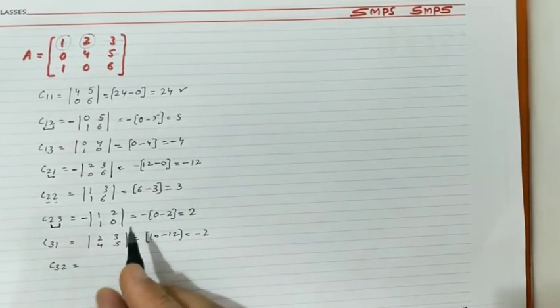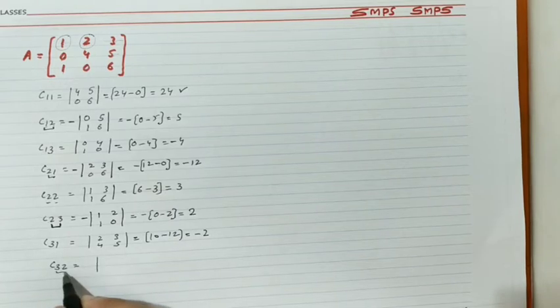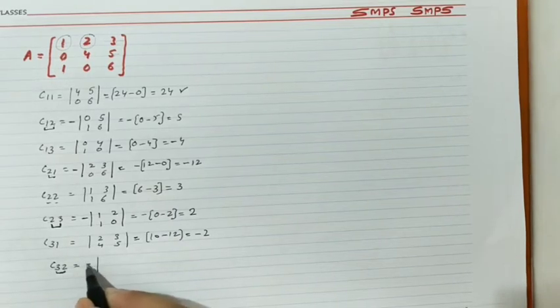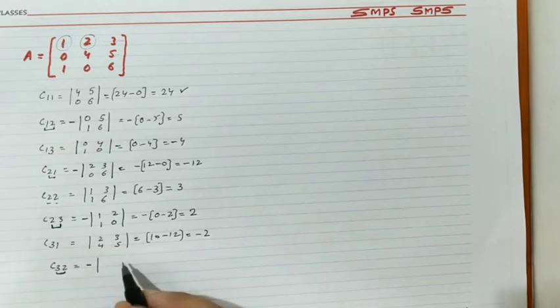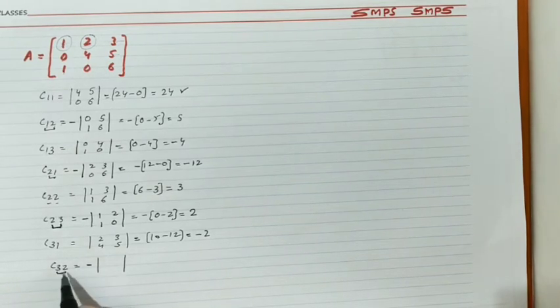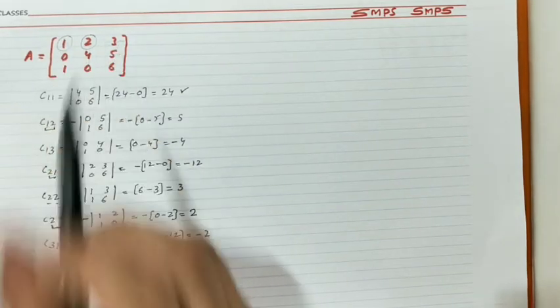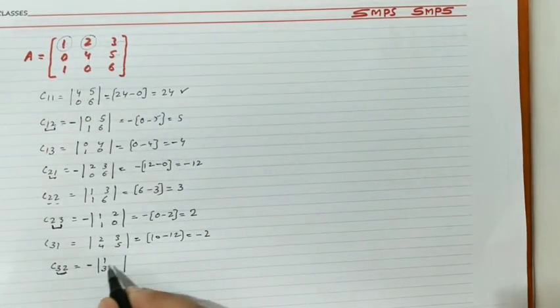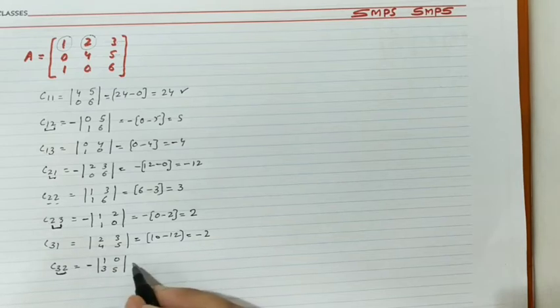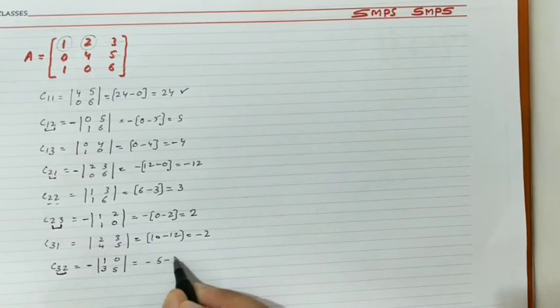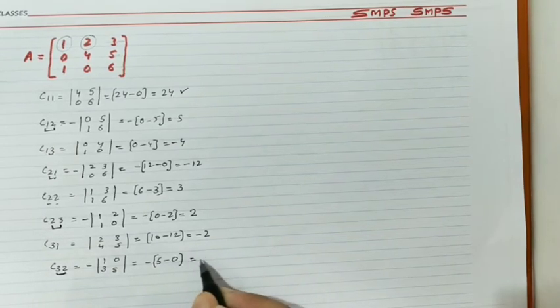C32. C32, 3 plus 2, 5 odd, minus sign. Third row, second column. 1, 3, 0, 5. 5 minus 0, and what will you get?